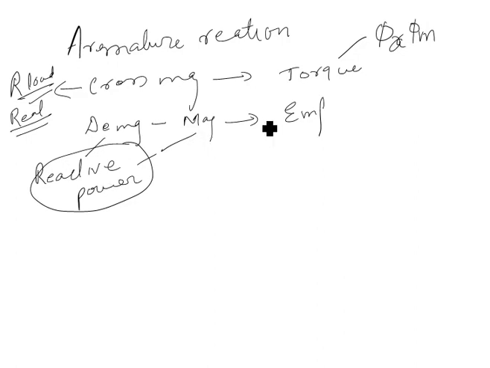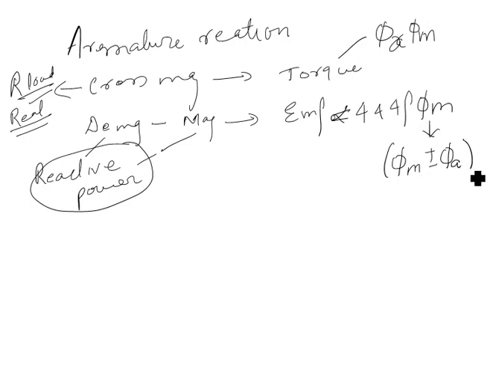So for EMF, you can note down the formula: 4.44 F phi m, right? This flux now modifies to phi m plus or minus phi a, when the EMF is feeding some load.